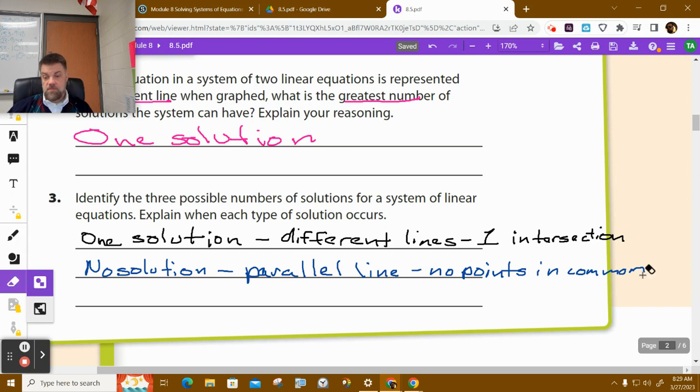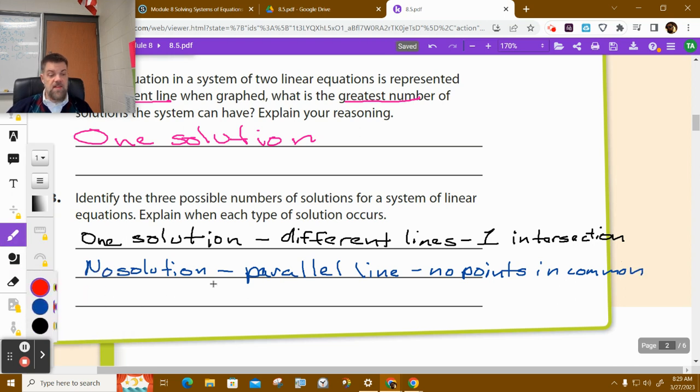And then lastly, infinitely many: they're the same line.